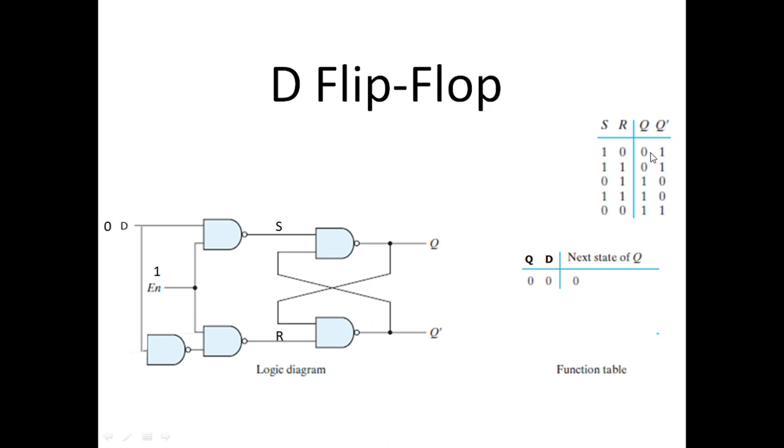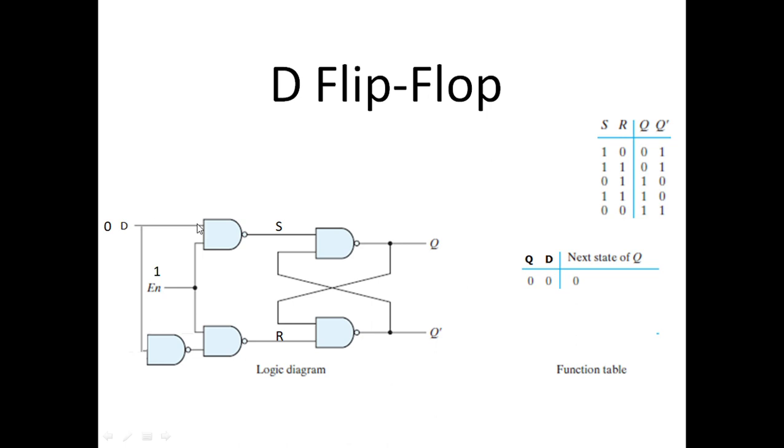That means Q is 0. Next state of Q is 0. We do not mention Q prime because now we know that it is the opposite of Q, so it's not important to mention it. Otherwise, it can be mentioned here just like we did it here.